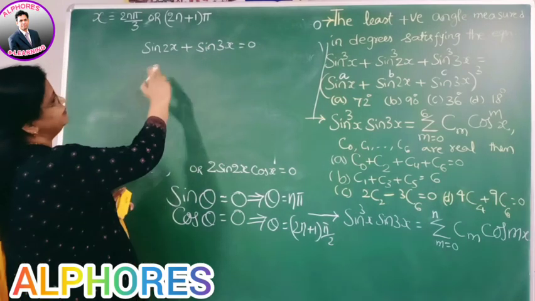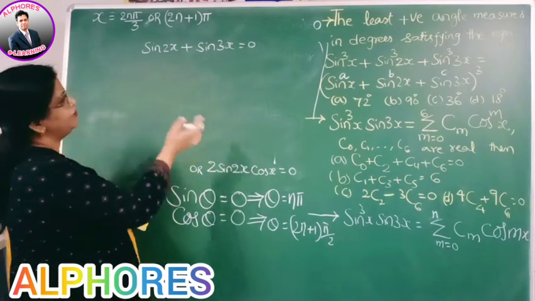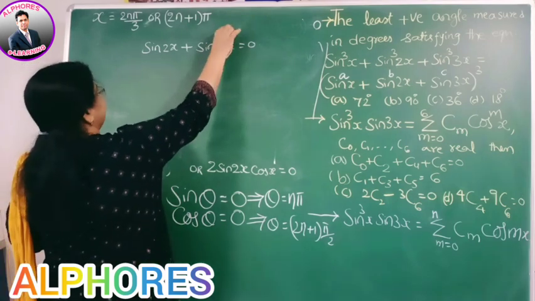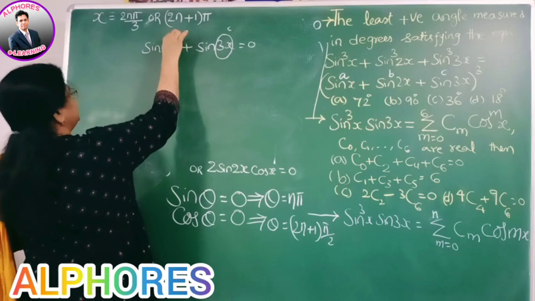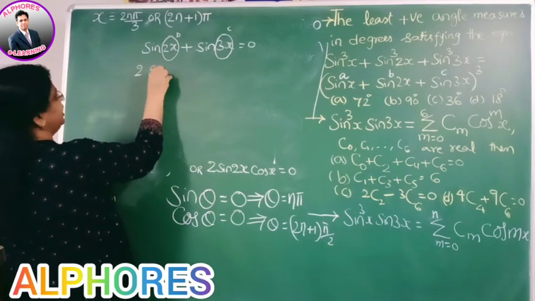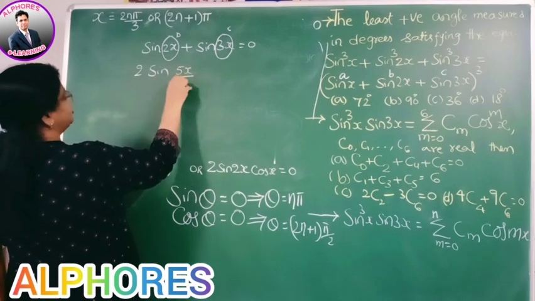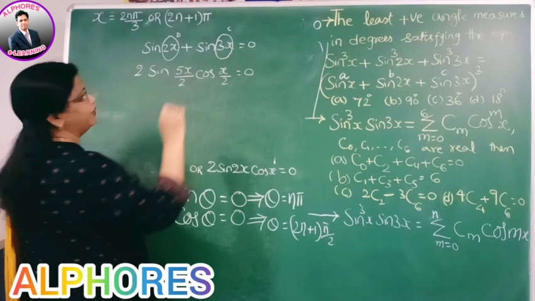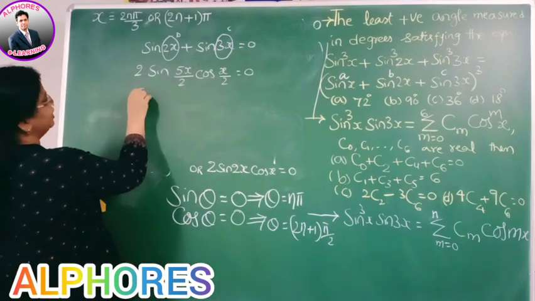And now from this one again let's make use of the same concept, sin c plus sin d. So this is your c value and this value is d. Now if you apply it, it is nothing but 2 sin 5x/2 into cos x/2 equal to 0. Then what is the value?